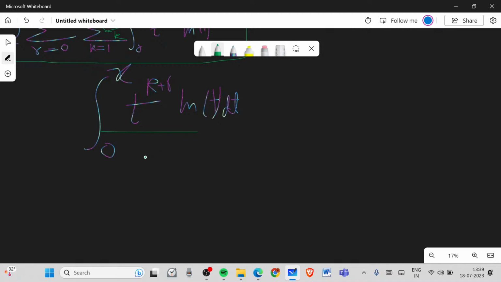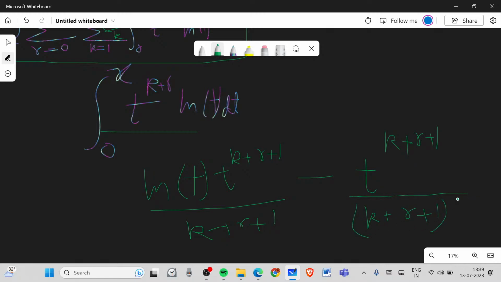So of course after doing by parts, ln t integrated: t to the power k plus r plus 1 by k plus r plus 1, minus differentiate ln t, 1 by t gets cancelled, this thing only, but it's square, t to the power k plus r plus 1 by k plus r plus 1 whole square.